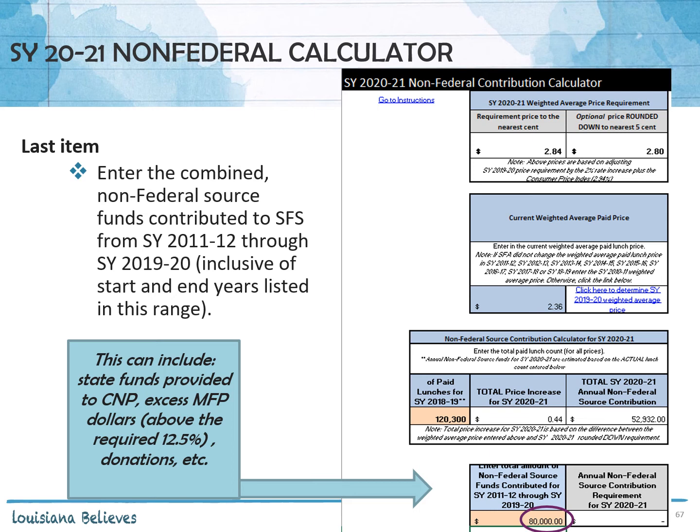This value can include state funds provided to CMP, excess MFP dollars, which is an amount above the required 12.5%, donations, etc. In this instance, $80,000 in non-federal funding was contributed to the nonprofit school food service account during this time frame, which is sufficient to cover the almost $53,000 owed.